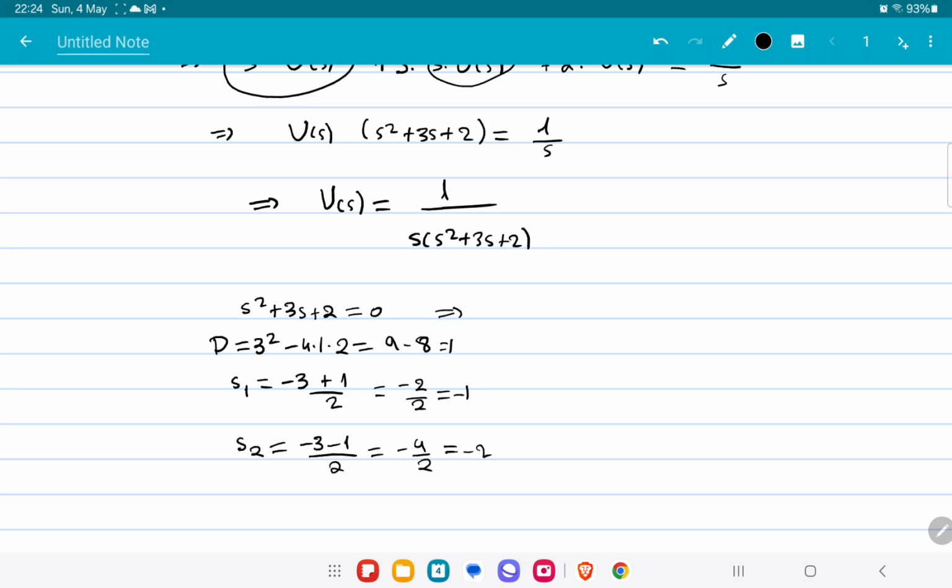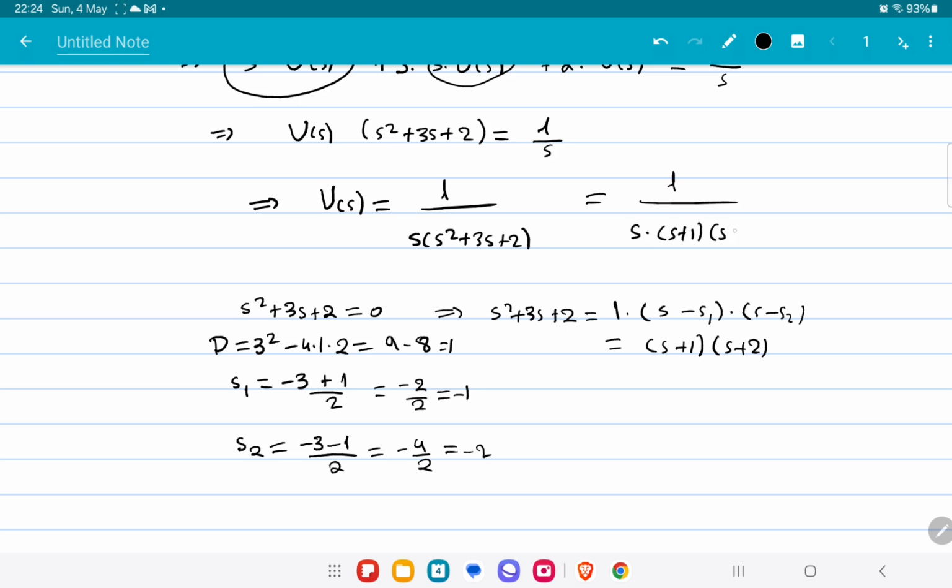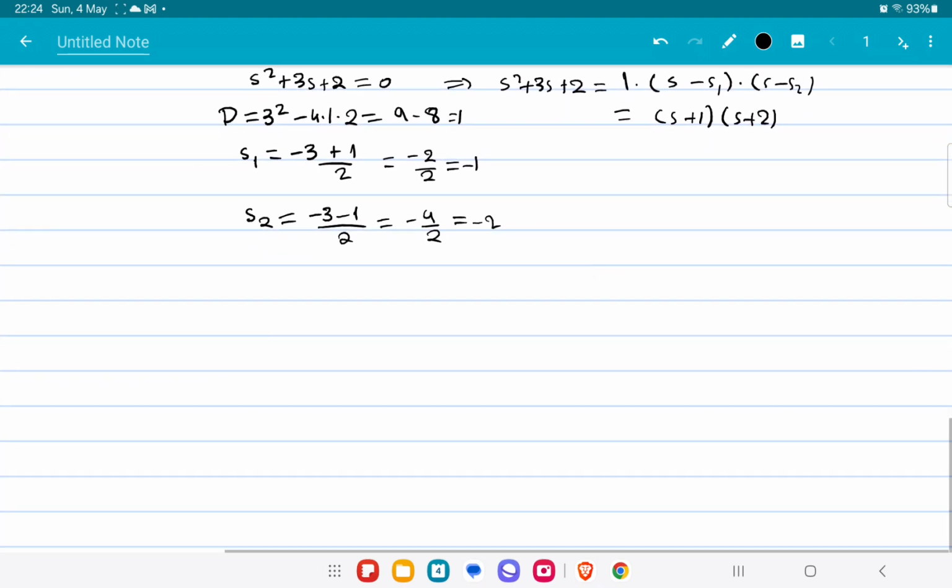So s squared plus 3s plus 2 can be written as 1 times s minus s1 times s minus s2, which is s plus 1 times s plus 2. So U of s is 1 over s times s plus 1 times s plus 2. Now the next step is using partial fractions decomposition.